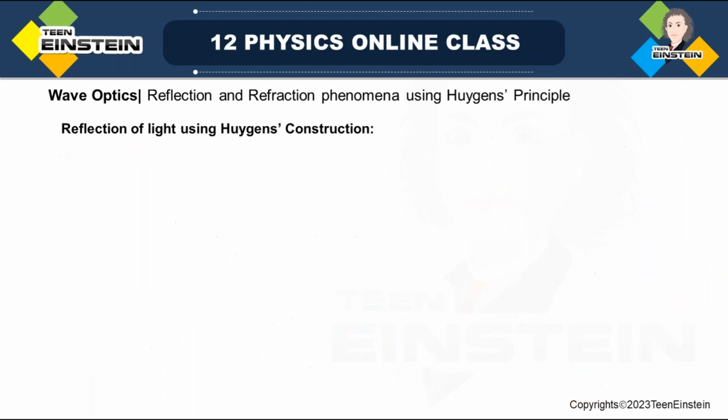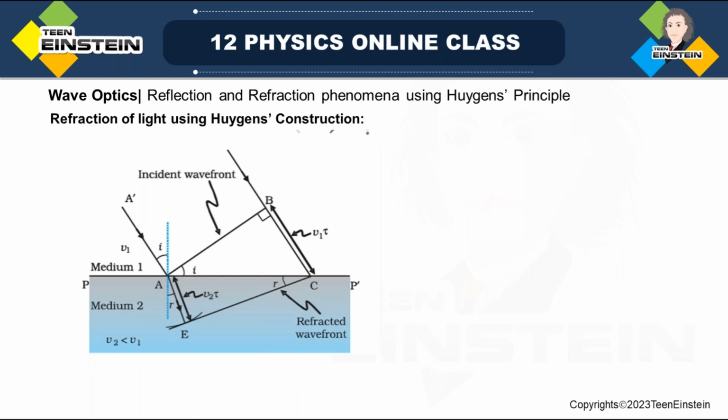Now let us go to the refraction part. Here also we'll do a similar thing: we'll take a point on the wavefront and see whether it is sending some waves, how much time it takes, and how much distance it will travel in a particular instant of time, just to understand the position and shape.